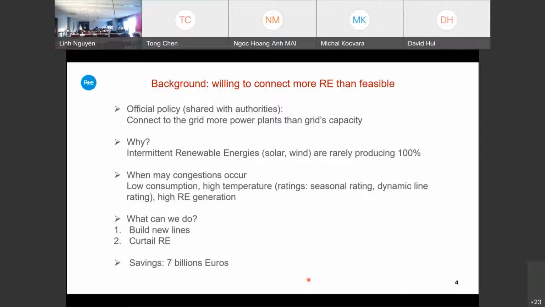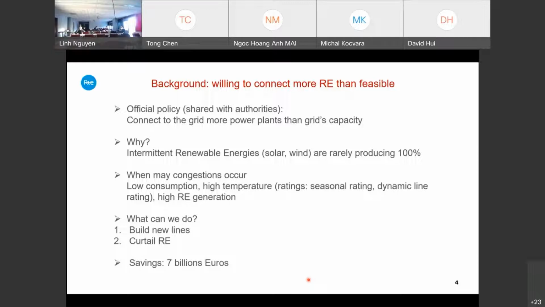So the rating of the line, how much current you can put on the line, depends on the season. And if you have 1 or 2 weeks with very hot weather, then they reduce it even more. There is something like an emergency, very low rating in case you have 35 degrees for days.